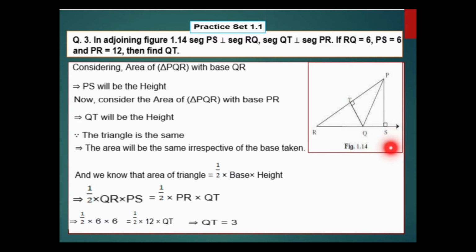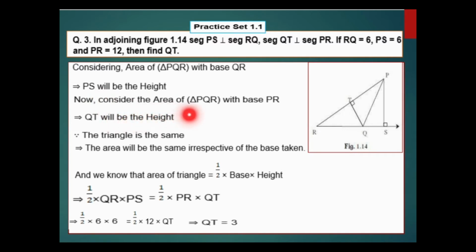So using that concept we find the value of height QT. Consider the area of triangle PQR with base QR. So we find the area of triangle PQR considering base as QR. So the height is PS.